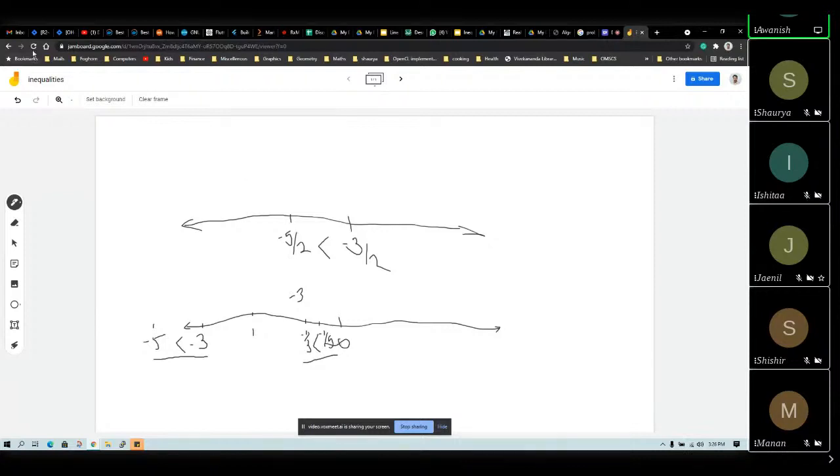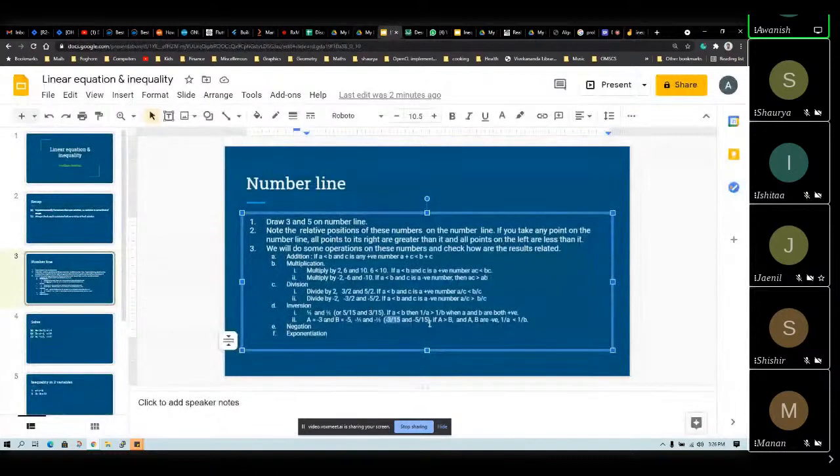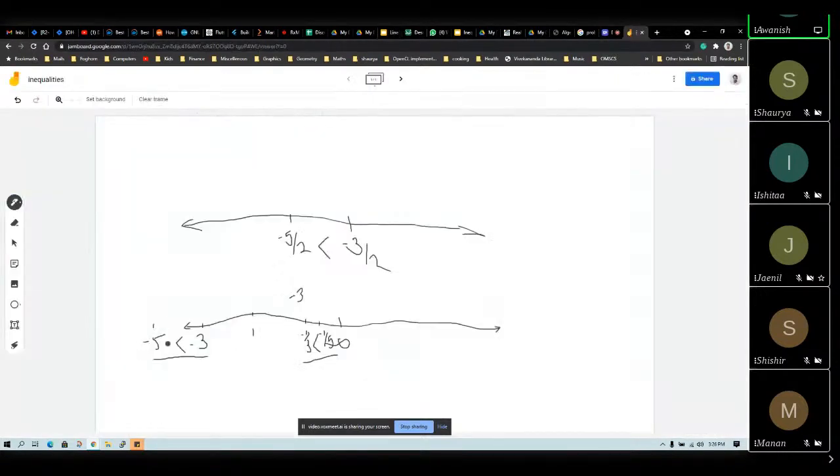That means whether A and B are positive or negative, this relation still holds. The condition of positive or negative is not there. Okay? Let's confirm that minus 5 is more than minus 3. 1 by 3 will be on this side, 1 by 5 will be on this side.